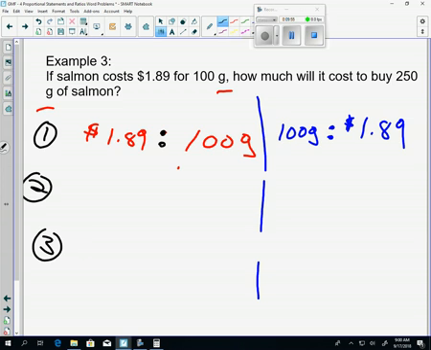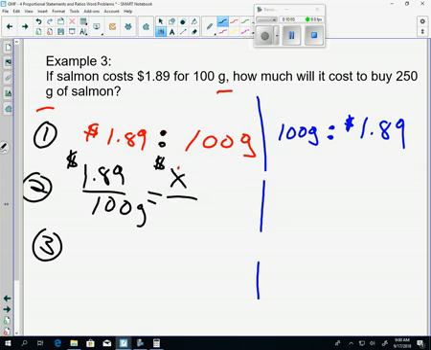Okay, how much will it cost? We want to know how much it's going to cost, so that means we don't know what the dollar value is, but for 250 grams.